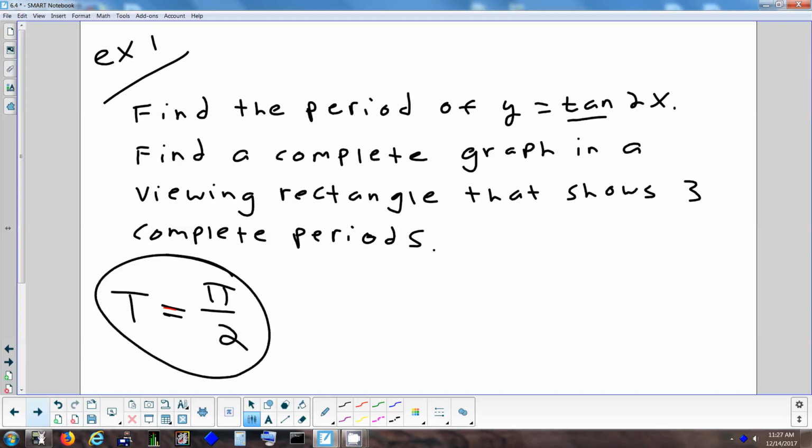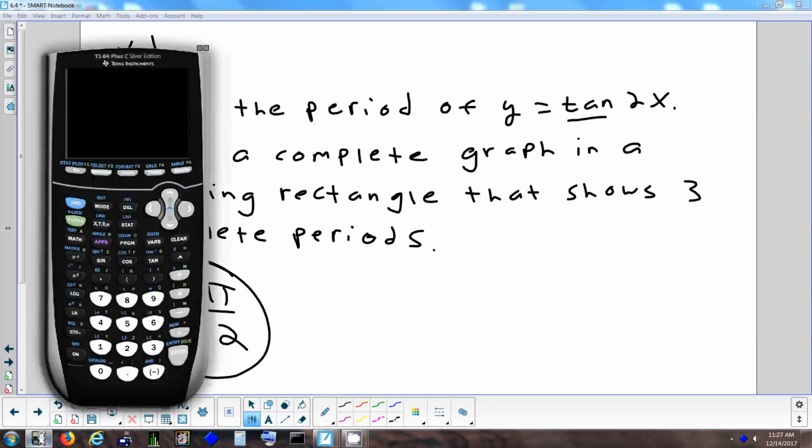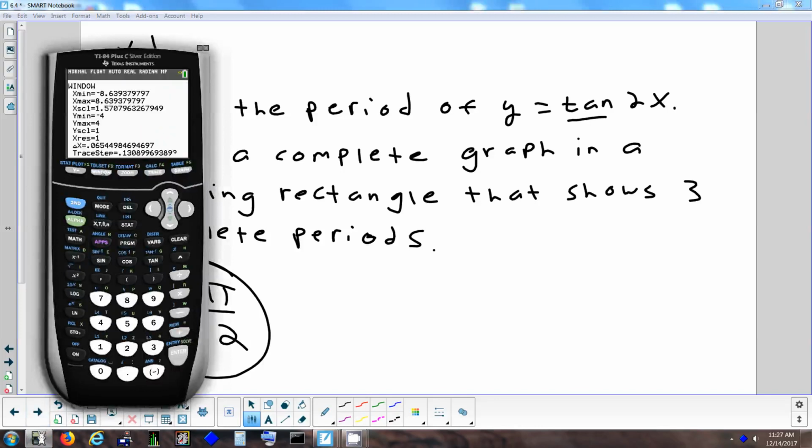What do you get if you triple that number? 3 pi over 2. So one way to show a window that's 3 pi over 2 units wide is to start at 0 and end at 3 pi over 2. That's probably the simplest way. There are other ways. You just have to have a width on the screen that's 3 pi over 2. That's why I did 0 to 3 pi over 2.